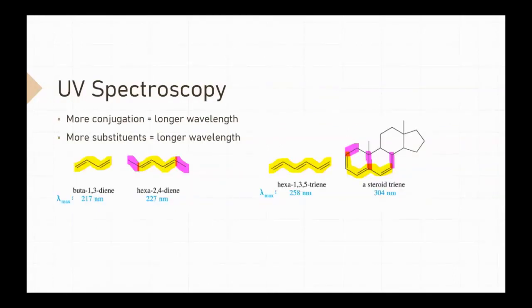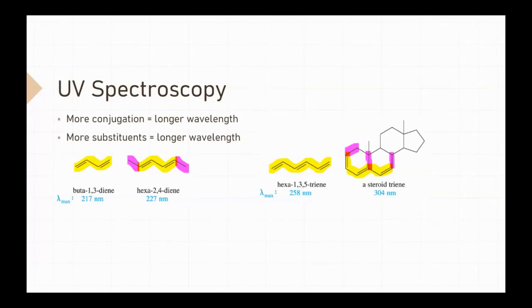Now, for UV spectroscopy, remember, we want more conjugation. So if we have 2 conjugation, that's worse than 3. You can see the numbers here. You have a higher UV max. You also want more substituents.